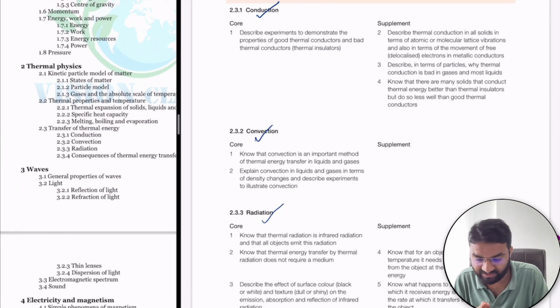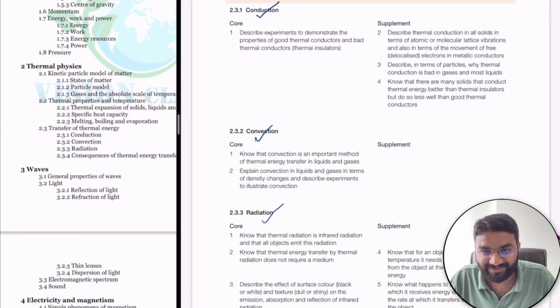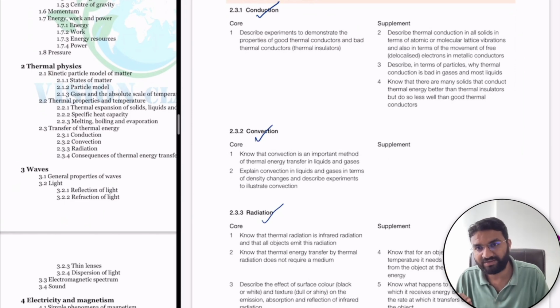Some of the concepts are for core students and extra concepts are added for extended students. Extended students, you have to learn and understand each and every topic in depth, so that you will be able to apply this knowledge to solve any question in the exam.